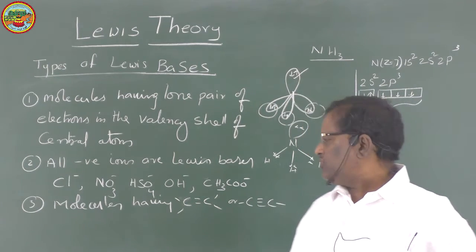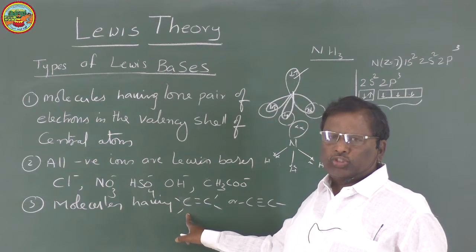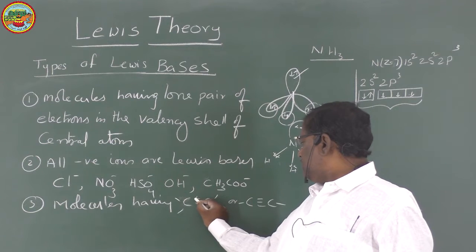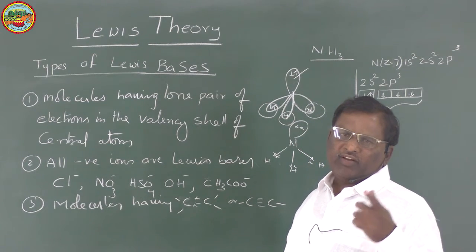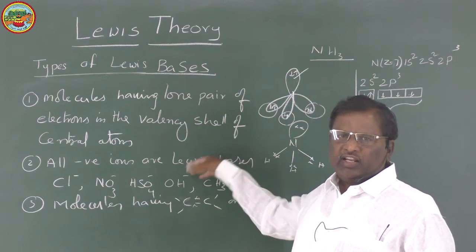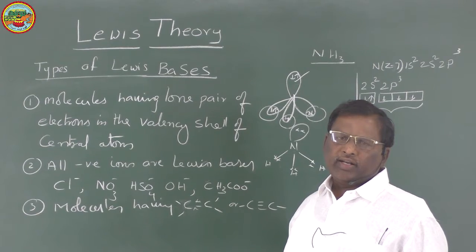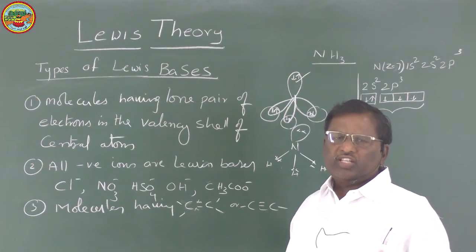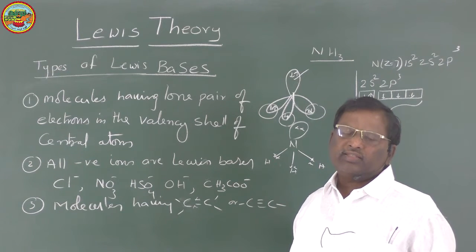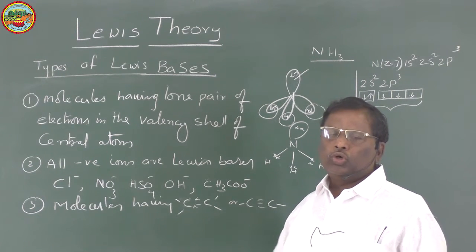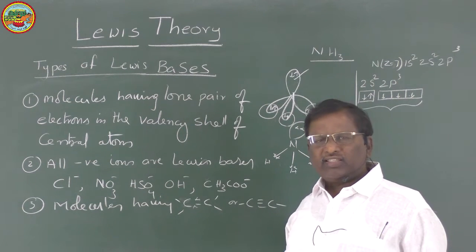Such compounds which have a carbon-carbon double bond, if any cation approaches here, because each bond contains a pair of electrons, it can accept that pair and form a covalent coordinate bond. So the species which have carbon-carbon double bonds are considered as Lewis bases. So we have three types of Lewis bases and three types of Lewis acids.